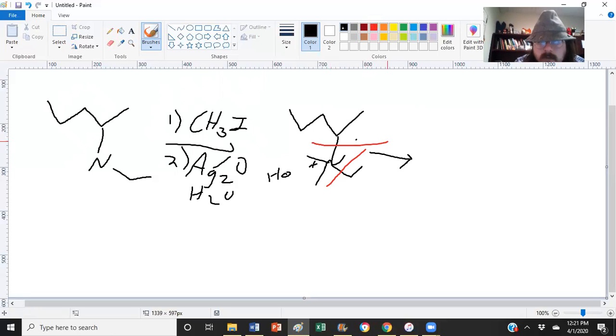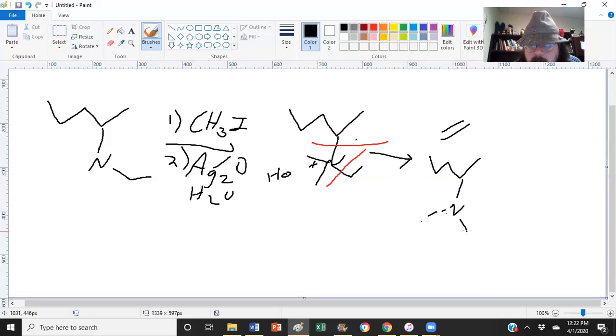Both ones would be equally stable. So we could form this, and of course that would be our side product. Or we could do that and form our ethyl dimethylamine.